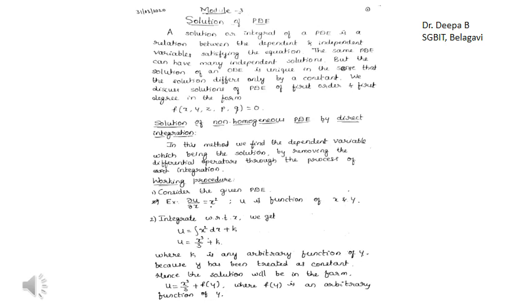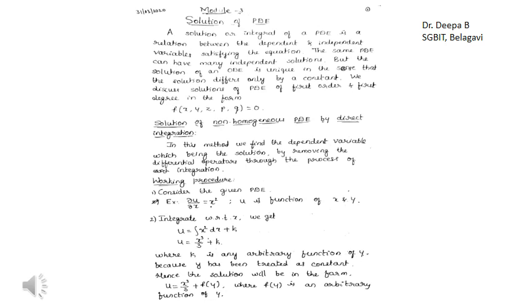Second step: ∂u/∂x = x² is the partial differentiation of u with respect to x. To find u, we have to integrate this with respect to x. So the integration of ∂u/∂x with respect to x is u, equal to the integral of x² dx plus an integrating constant k.